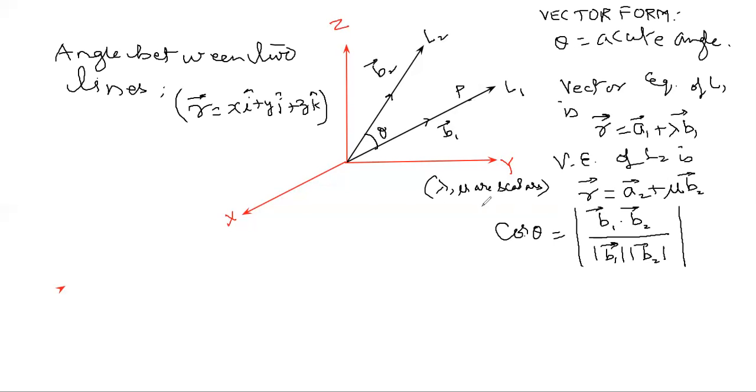Now, if the equations are given in the Cartesian form, then what will be the angle between them? If B1 vector and B2 vector are resolved in components, then we can find B1 dot B2 upon magnitude of B1 and magnitude of B2, and put it in the equation.